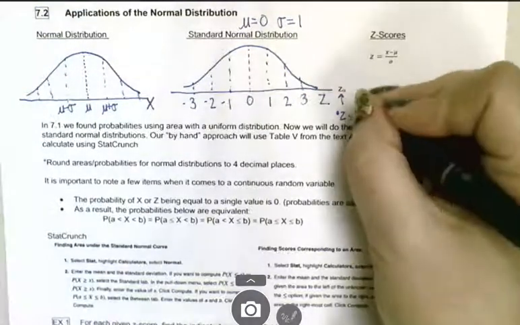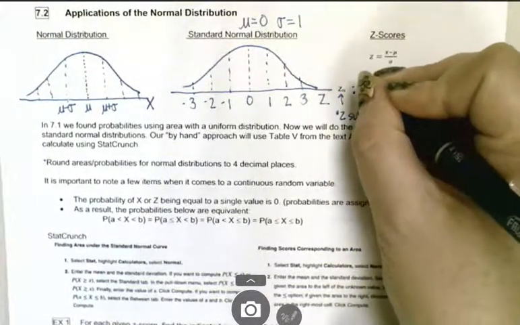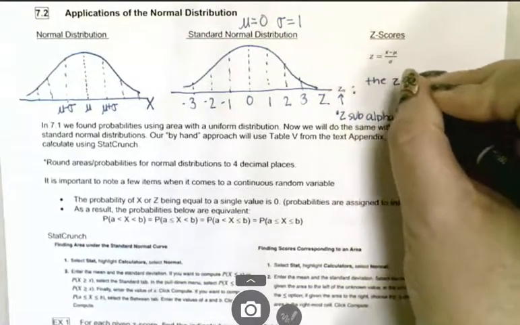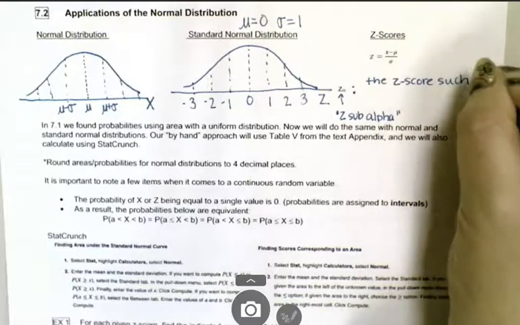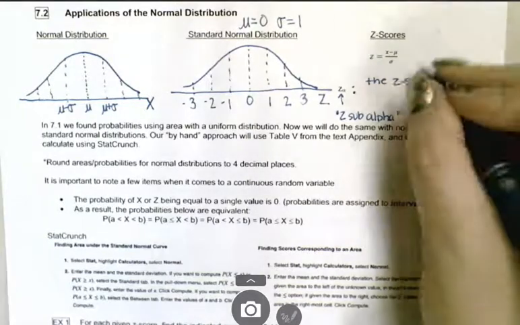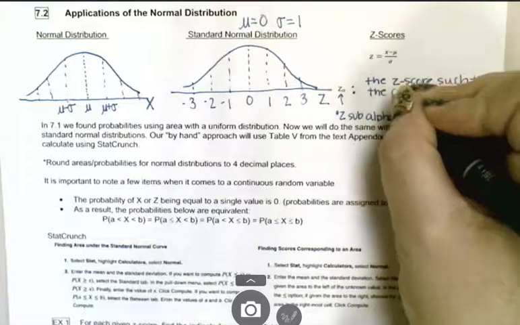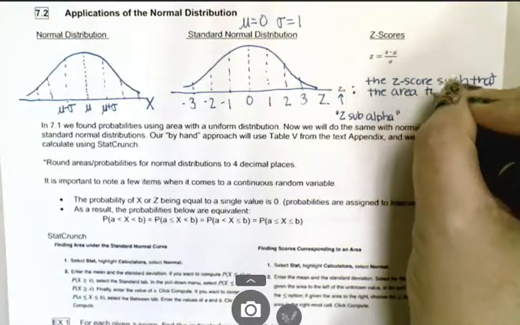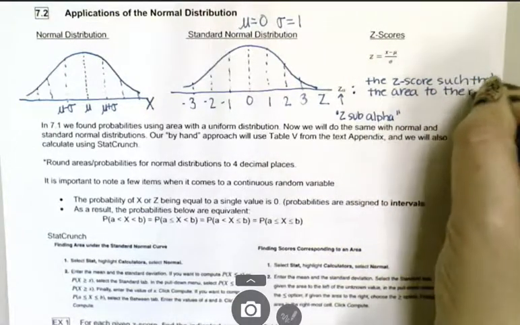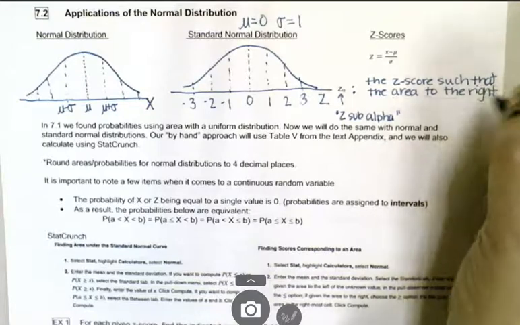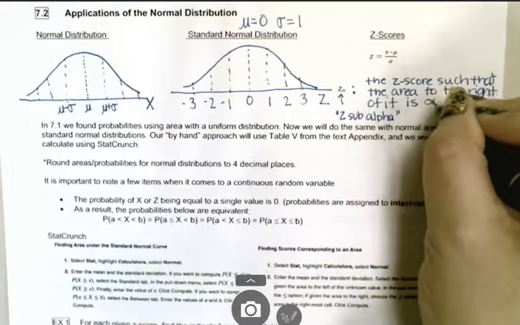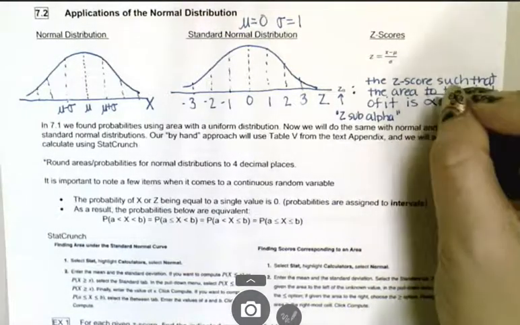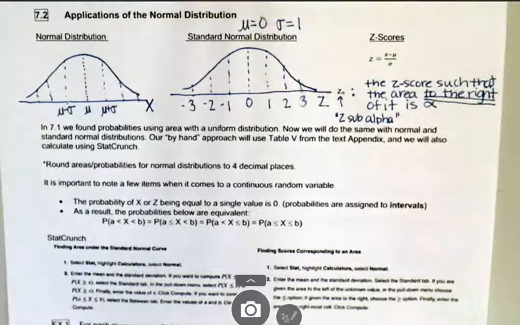What that represents is the z-score such that the area to the right of it is alpha.